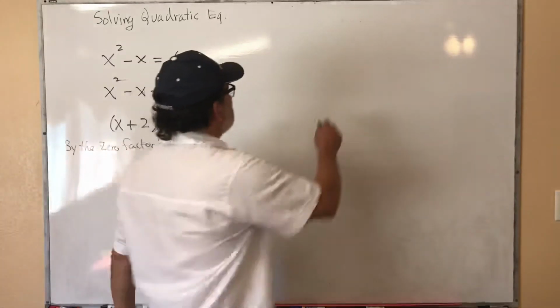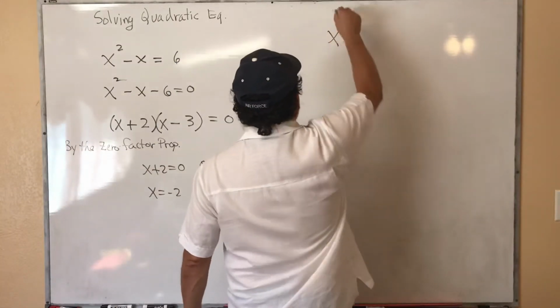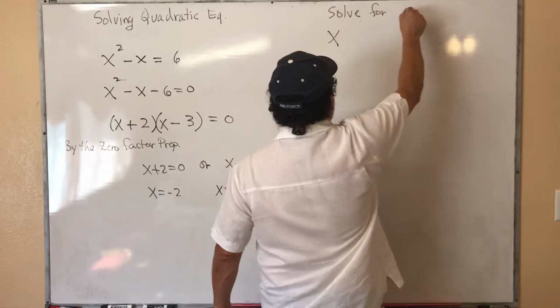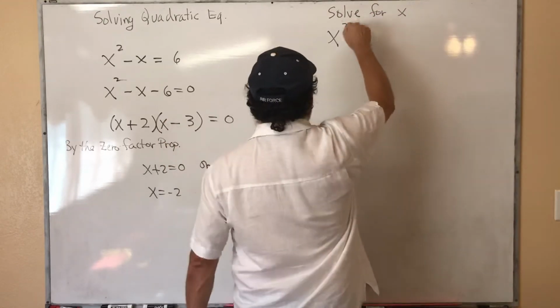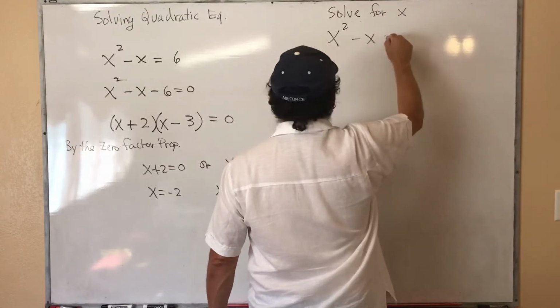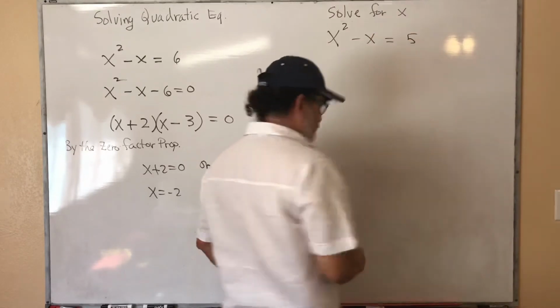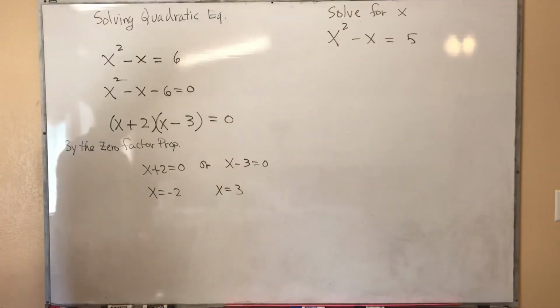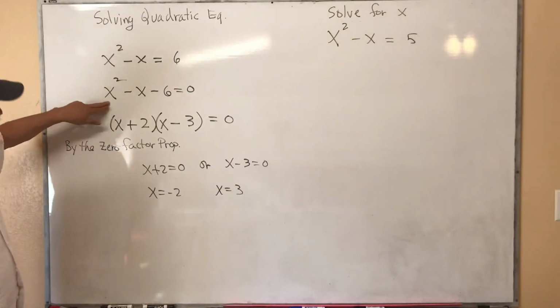Watch this. So solve for x in x squared minus x equals 5. Oh boy. Okay. Just like before, set it equal to 0.